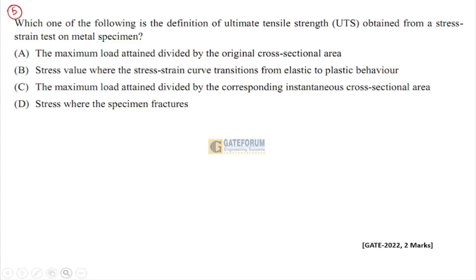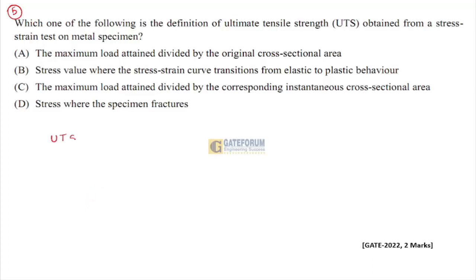Which of the following is defined as the ultimate tensile strength obtained by the stress strain test on a metal specimen? A: the maximum load attained divided by the original cross-sectional area. B: the stress value where the stress strain curve transitions from elastic to plastic behavior. C: the maximum load attained divided by the corresponding instantaneous cross-sectional area. D: the stress where the specimen fractures.